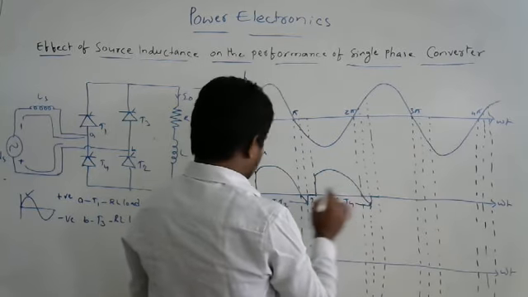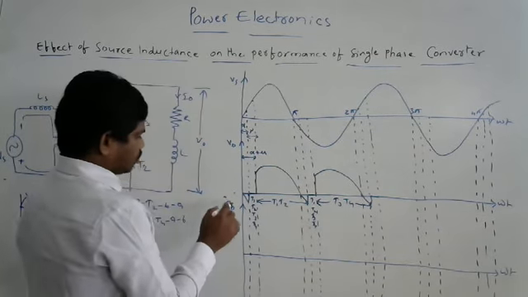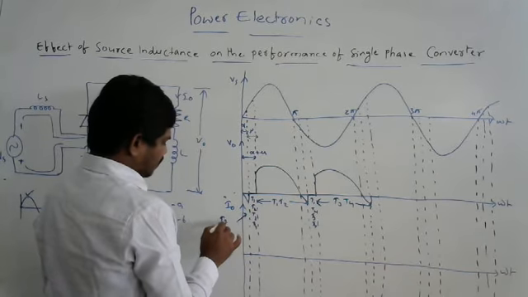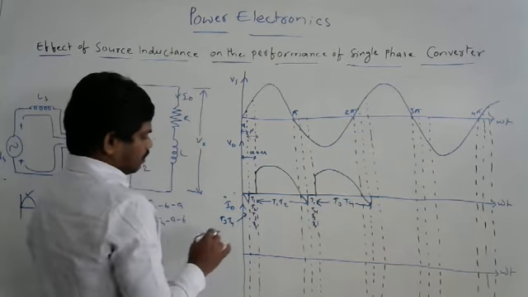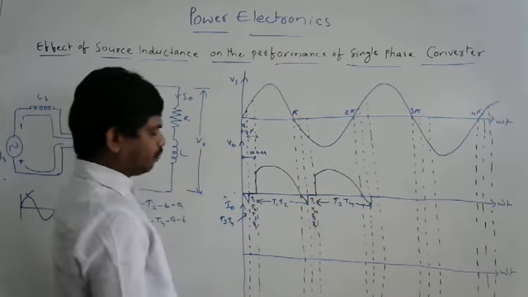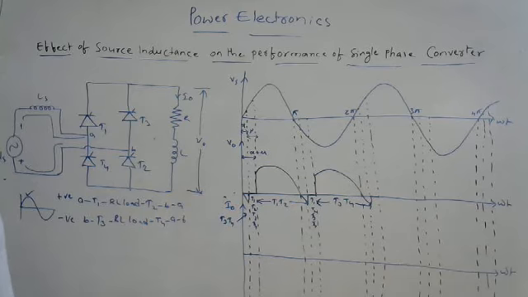So that's why I am taking this value here, starting. What are the thyristors conducting in this condition? T3, T4 continue their conduction till alpha plus mu, apart from T1 and T2.